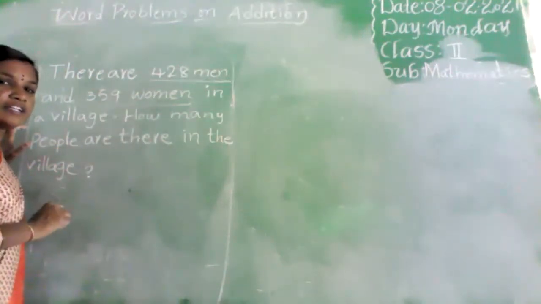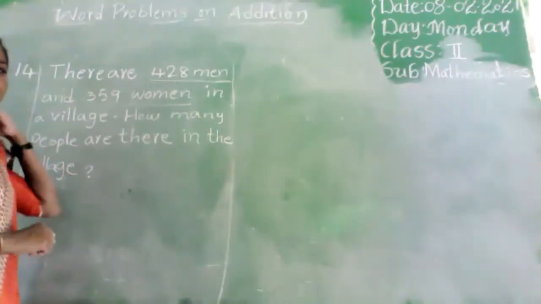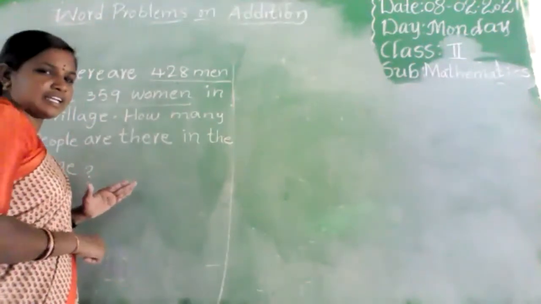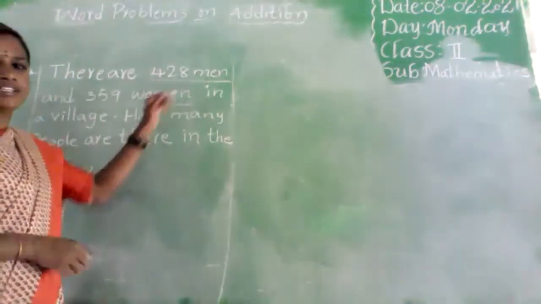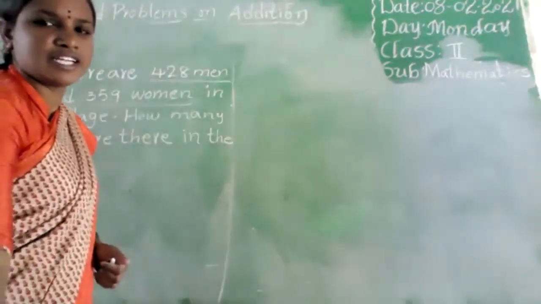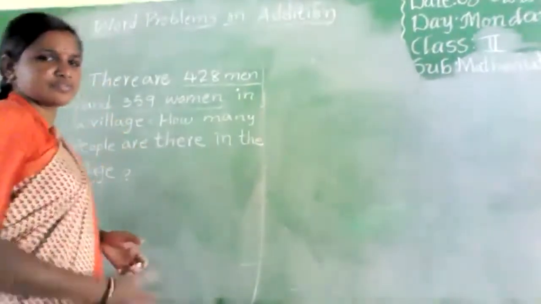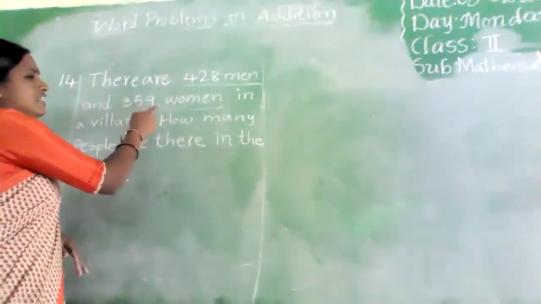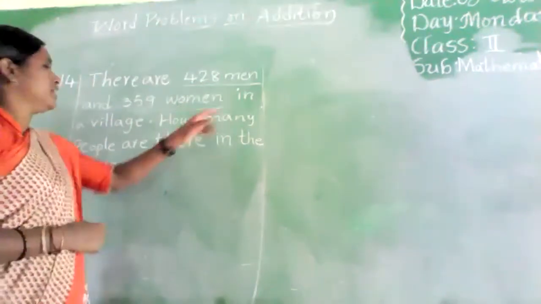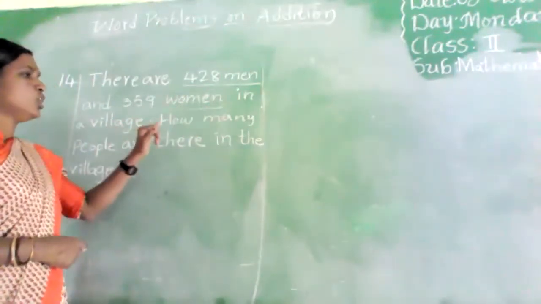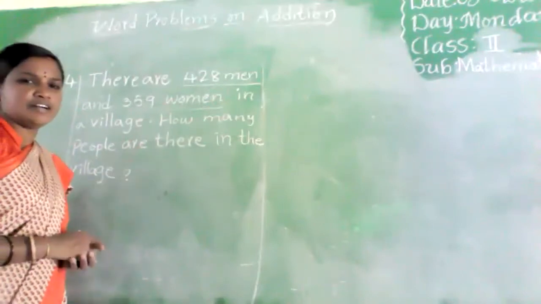Here we are taking one village. In that, 428 men and 359 women. So how many people are there in the village?